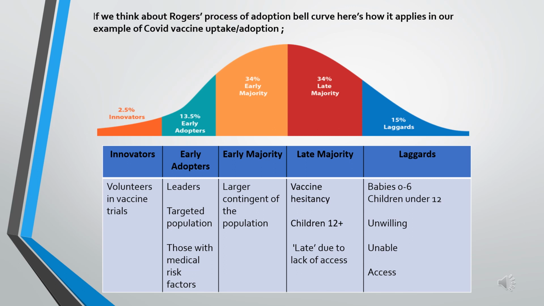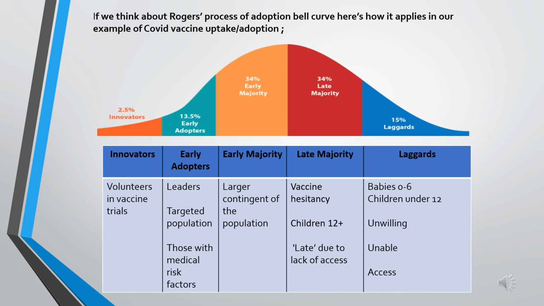Within the early majority group, in our example, this refers to a much larger contingent of the population, so that when the vaccine availability was opened up to adults in younger age groups and with fewer medical risk factors.